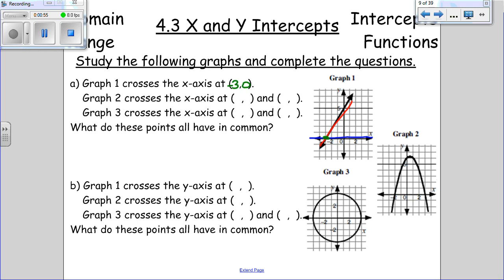If you look at graph 2, you'll notice there's actually 2 x-intercepts. You have an x-intercept here, and an x-intercept here. The first one was at -2, 0. And the second one is at 3, 0.